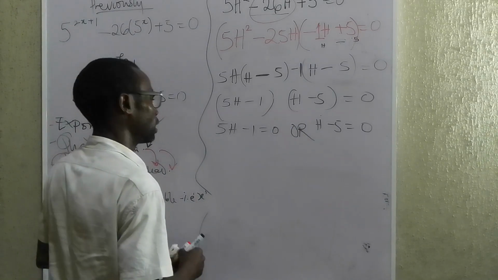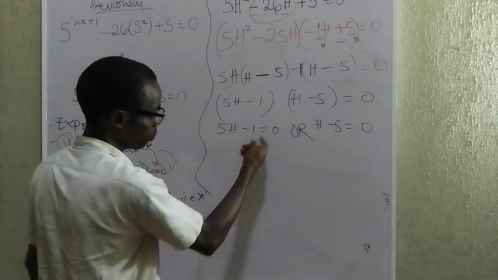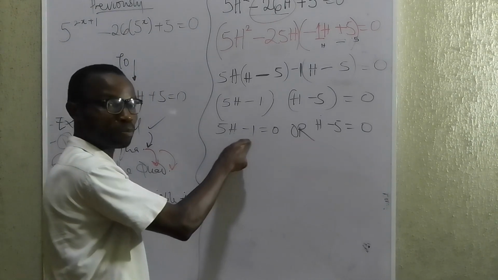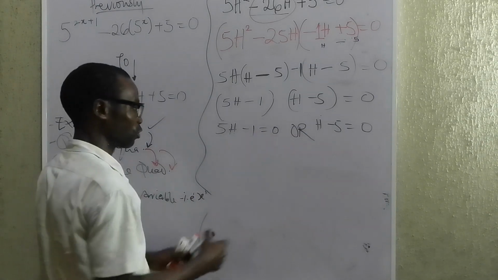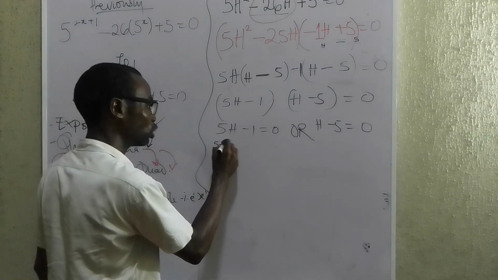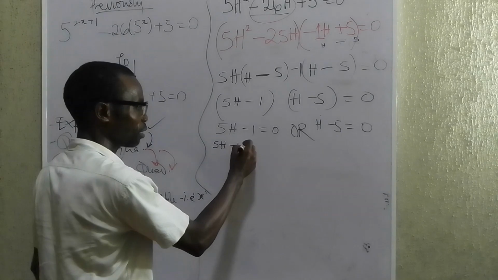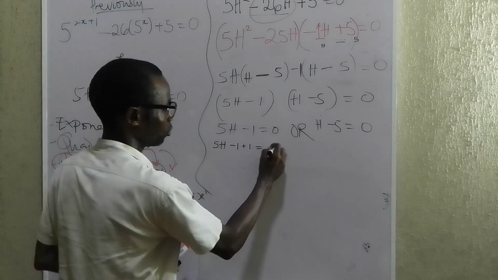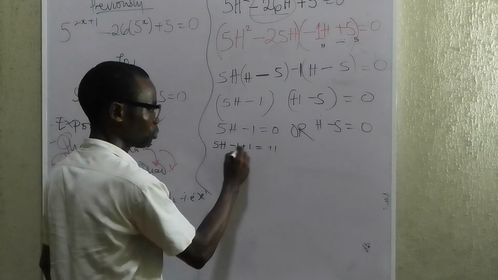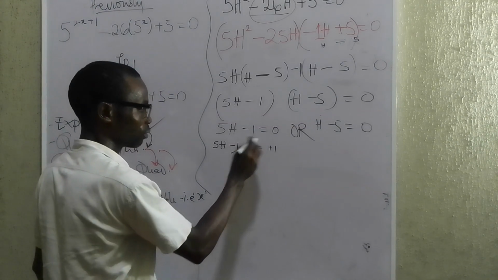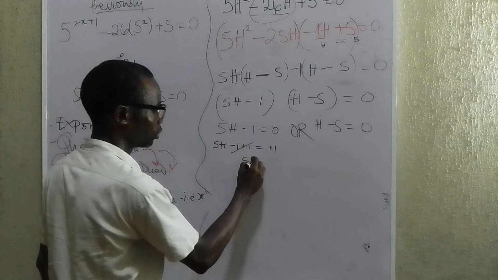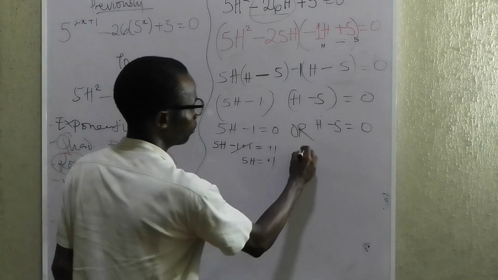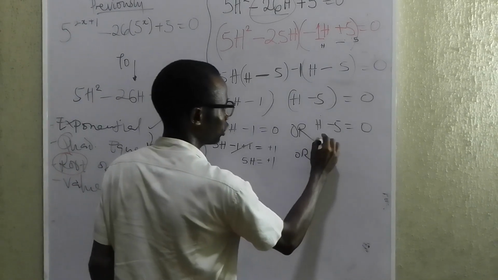Now what they do in mathematics is to add the opposite of minus 1, which is plus 1, to both sides. So you have 5h minus 1 plus 1, and you put plus 1 on both sides. Minus 1 plus 1 goes out, it becomes 0. So what we have is 5h is equal to plus 1.